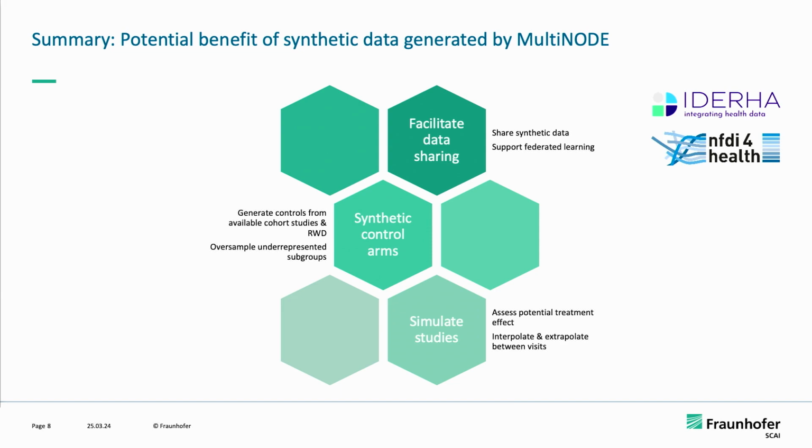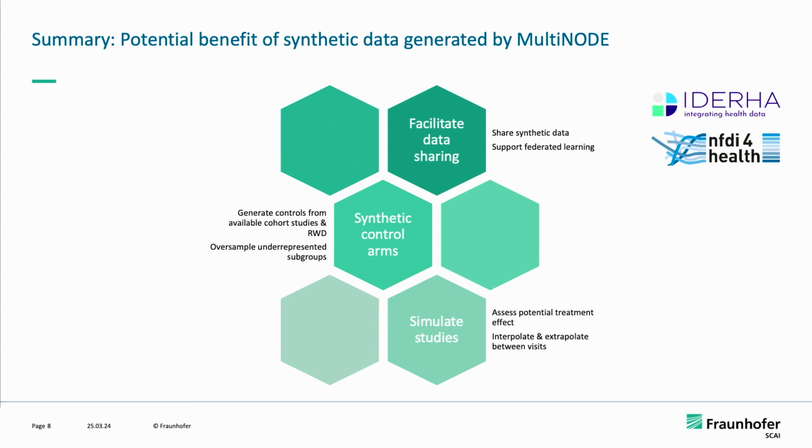Just to wrap up, these generative AI models can help from different points of view. For example, for facilitating data sharing, when it comes to sharing confidential patient data, it can let us share the synthetic data, which makes it harder to identify the patient's demographics.